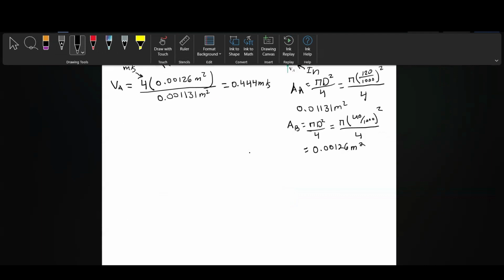Bernoulli's is saying that the energy on one side has to equal the energy on the other side. So PA over rho plus VA squared over 2 plus G ZA equals PB over rho plus VB squared over 2 plus G ZB.